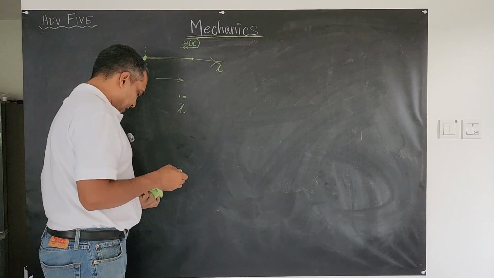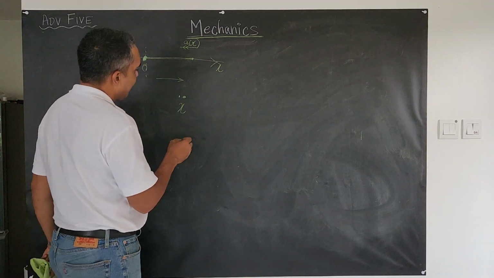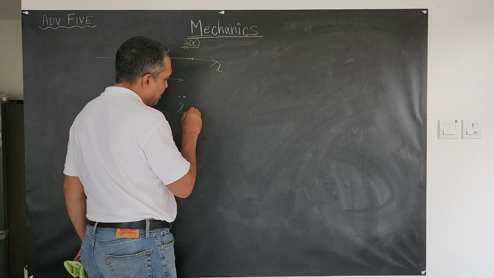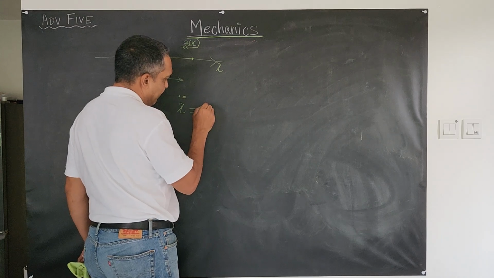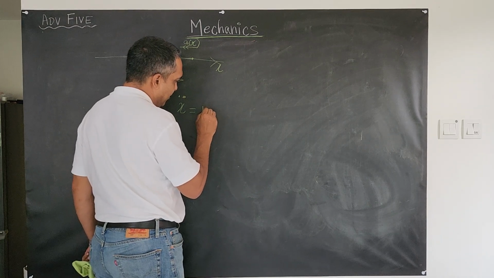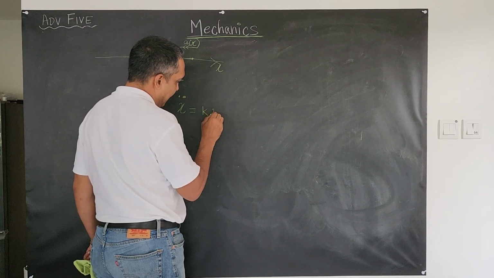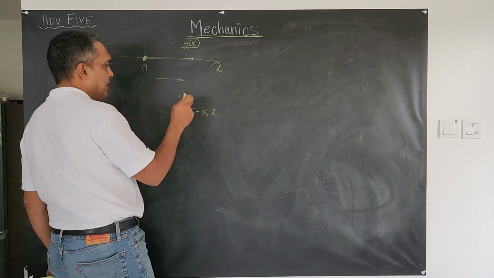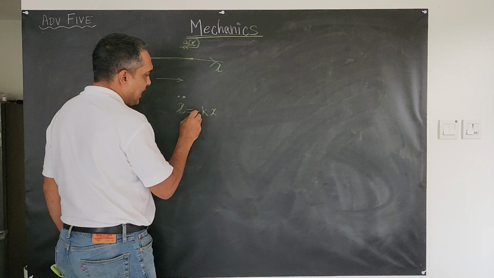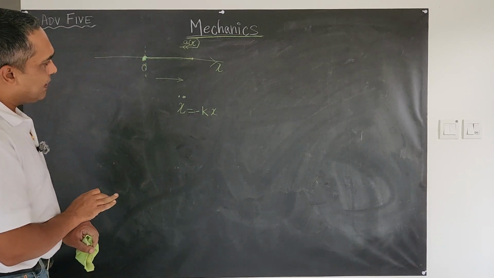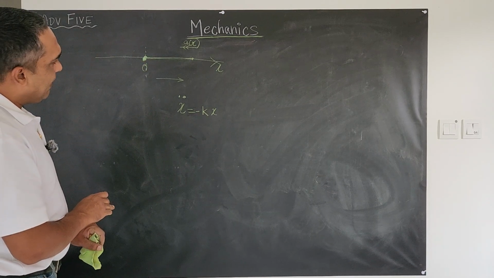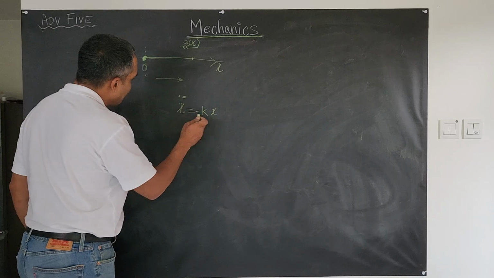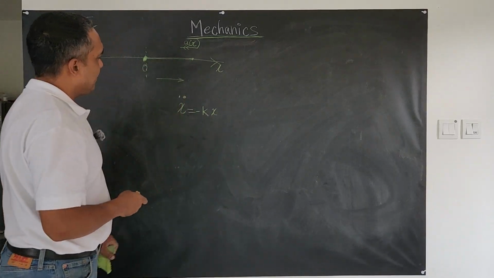So x double dot here is some function, and for now I'm just going to put a value here called k times x with a negative sign because it's in the opposite direction. So I'm just going to state it like this and leave it here, right? It's a function of x in the opposite direction.